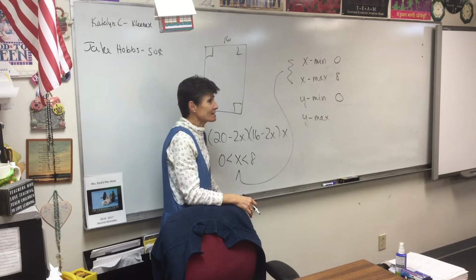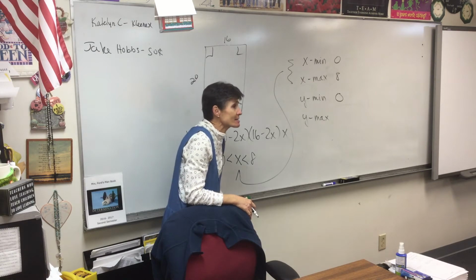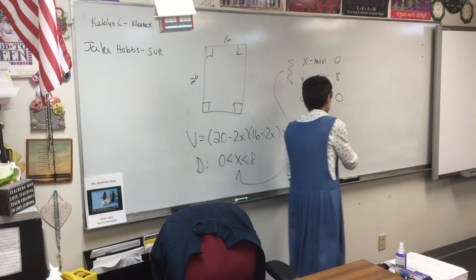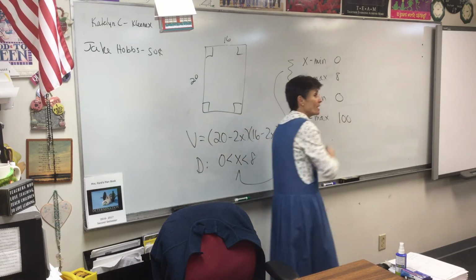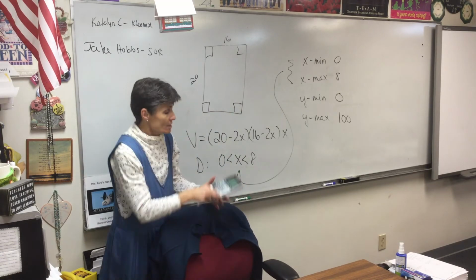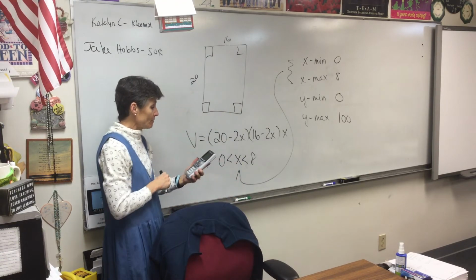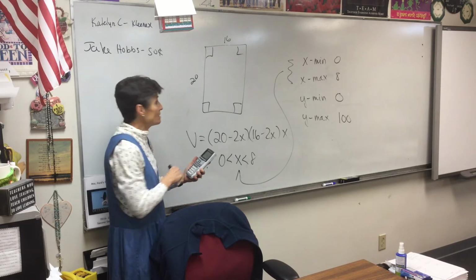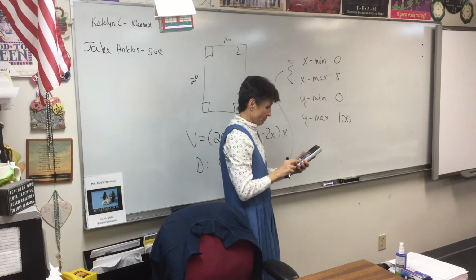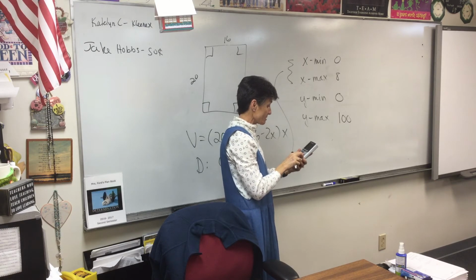Y max is a guess. So let's start with 100. I think it's way bigger than that, but I'll go with 100. So then I get my calculator out, press window and put these numbers in for the respective things.